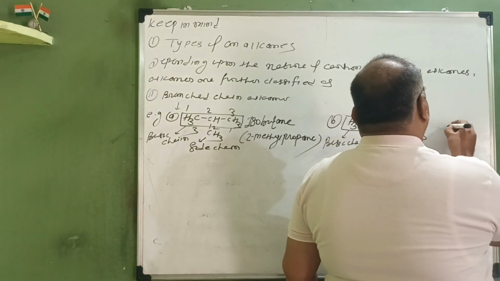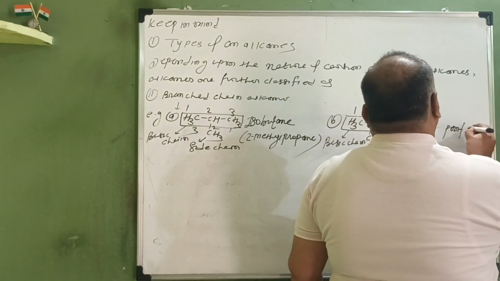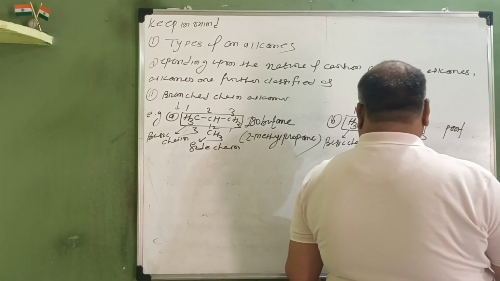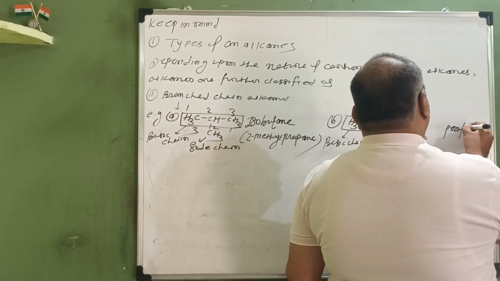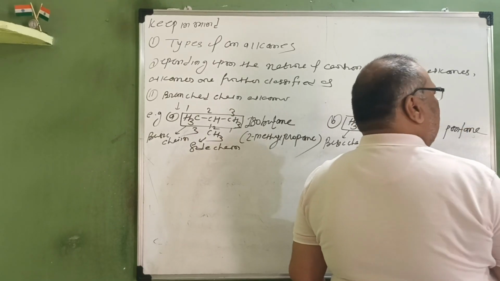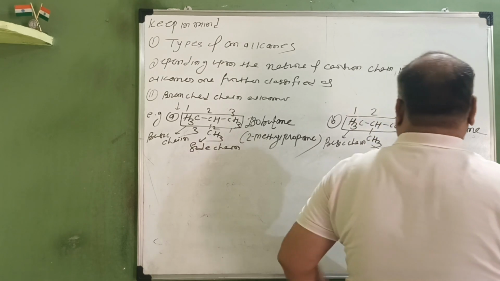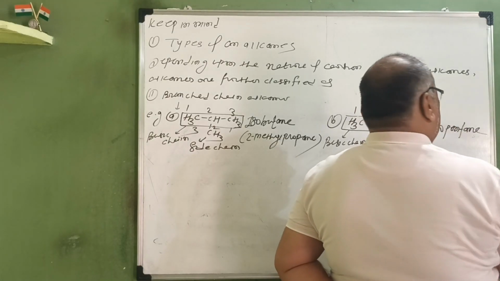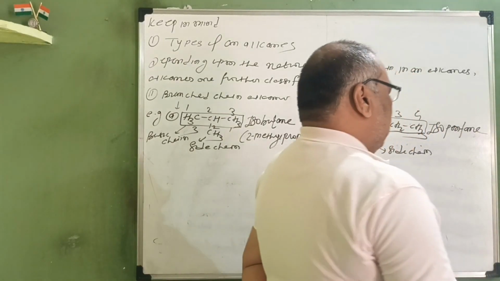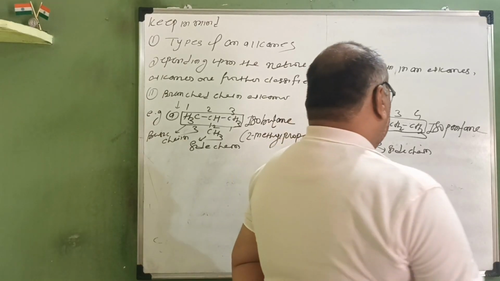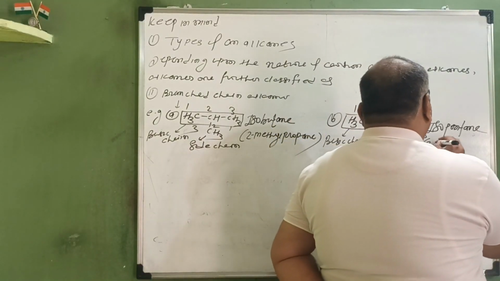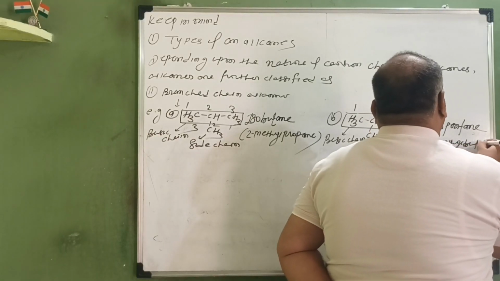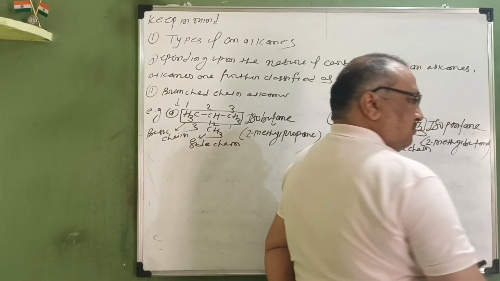Here total carbon 5, so use the word root pent. Due to the presence of carbon-carbon single bond, primary suffix is ane, but here one of the carbon atoms is attached to the second carbon atom, and so here prefix is iso, or 2-methyl butane.